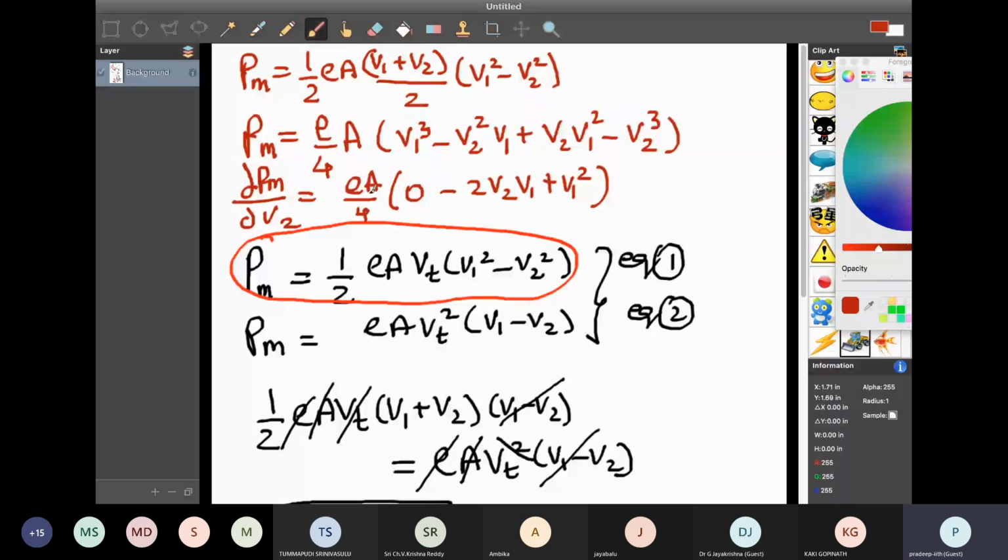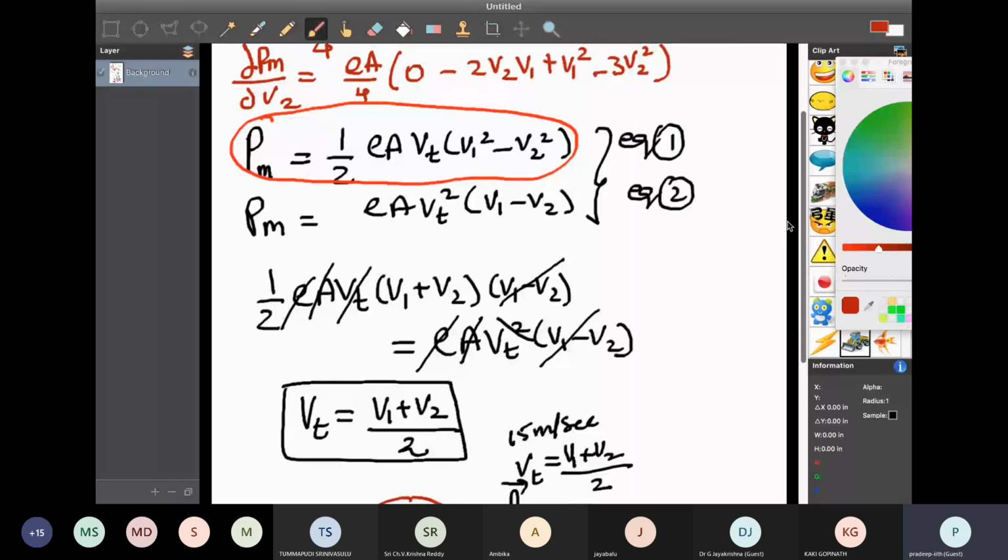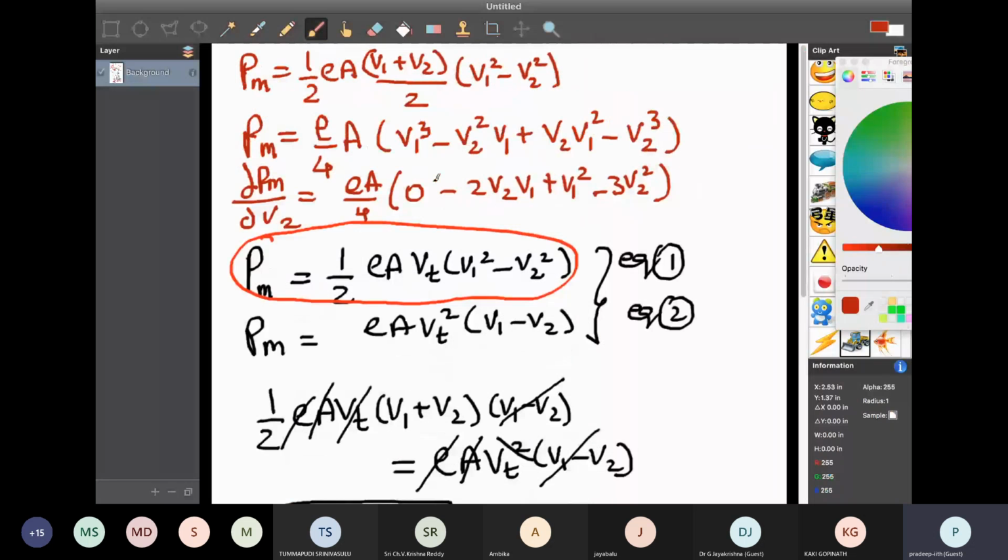Therefore V1 square will be equal to 2 V2. I'm sorry, this is V2, right? Minus 3 V2 square will come here. So finally I'll get an equation. Let me note this point: minus 2 V2 V1 plus V1 square minus 3 V2 square.